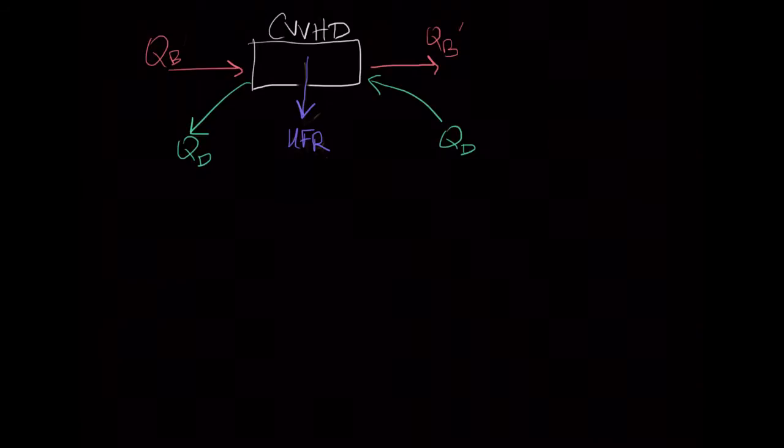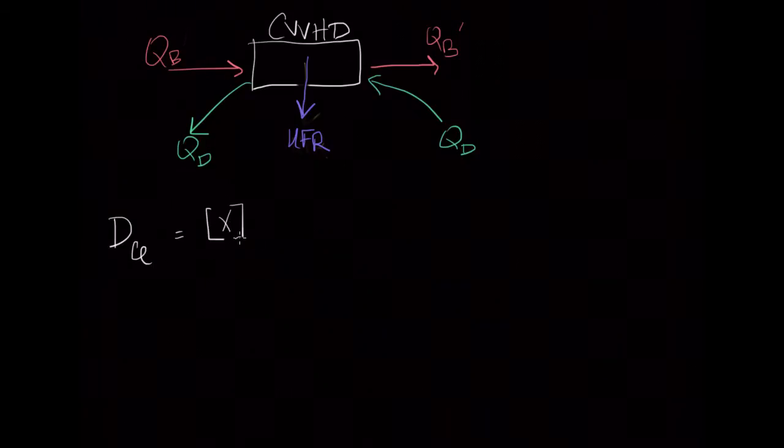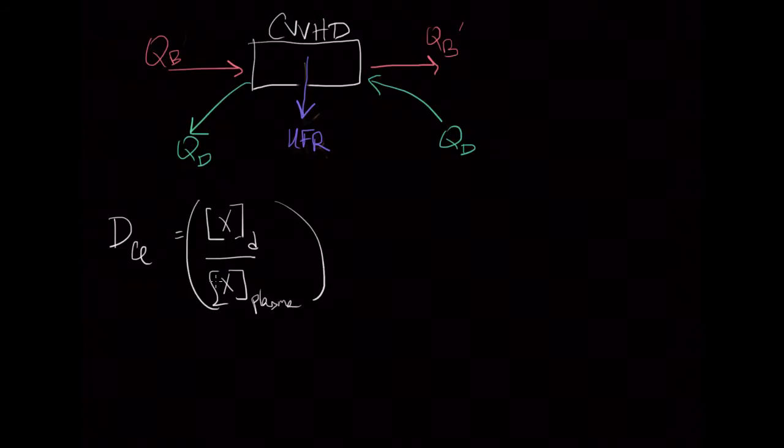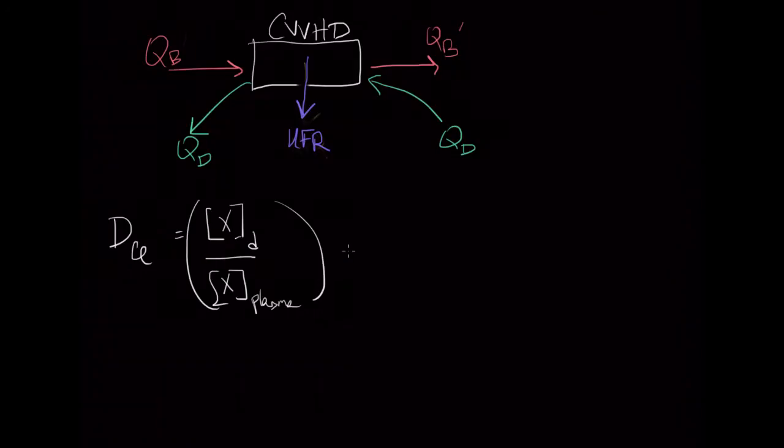So let's go back to our equation and see if we can clean it up a little bit. Diffusive clearance is going to equal the concentration of the solute in the dialysate divided by that concentration in the plasma. And we're going to multiply it by the quote urine of the CVVHD machine.